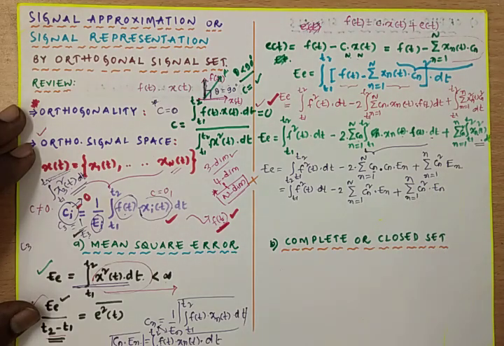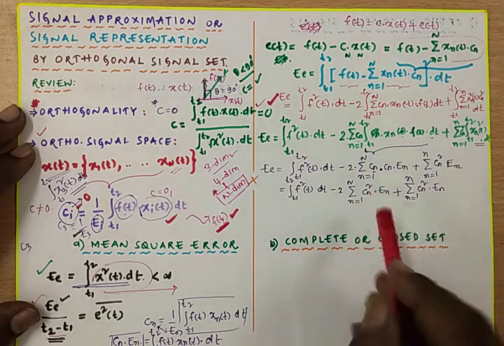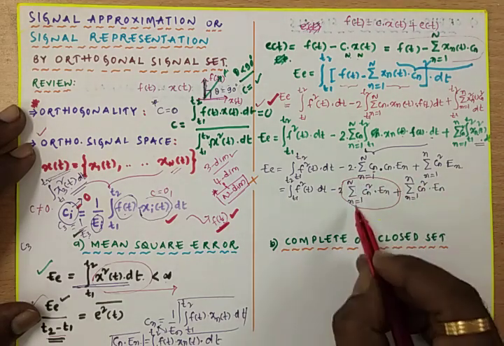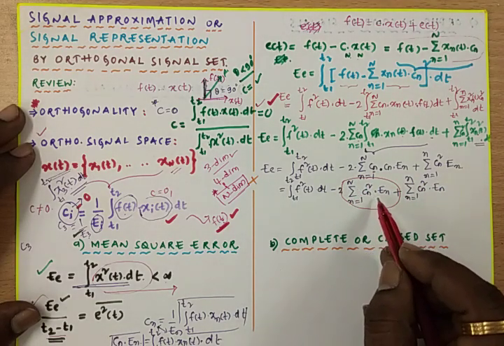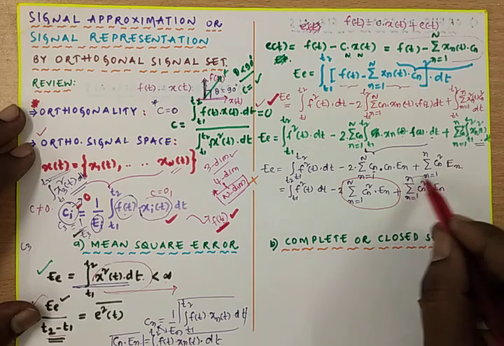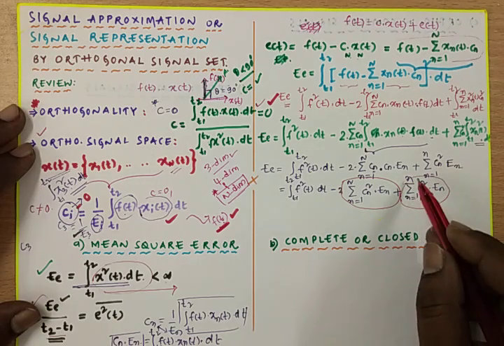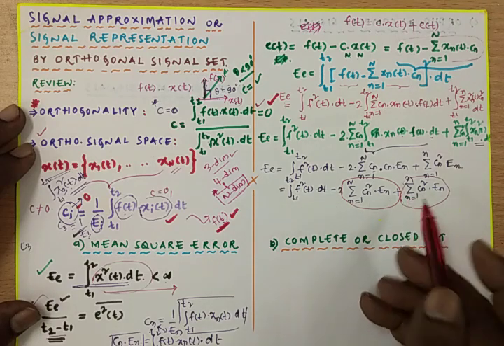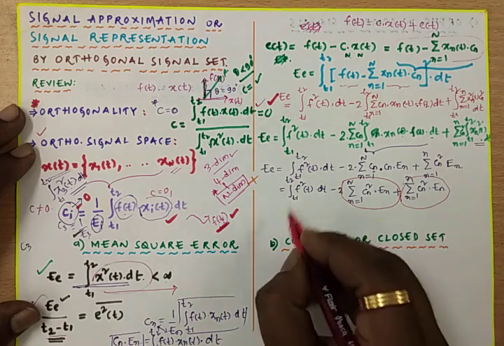This second and third term remain the same only. See this one, sigma n equals 1 to N Cn square into En, and this is also sigma n equals 1 to N Cn square into En. This is minus 2, this is plus 1, so we can subtract this one.